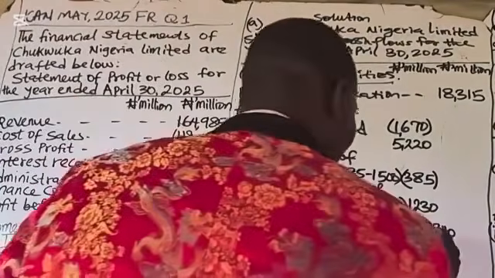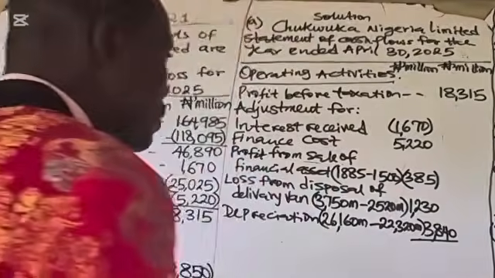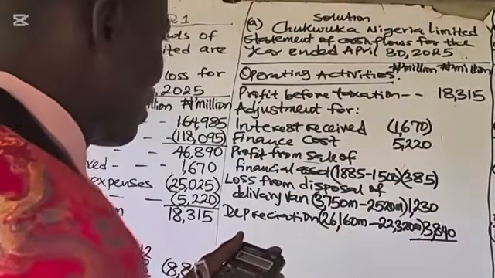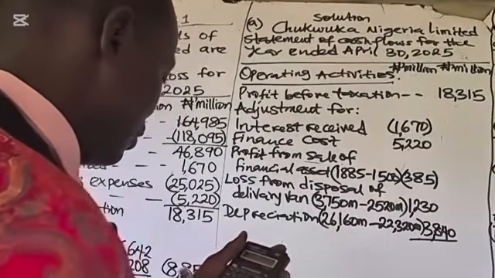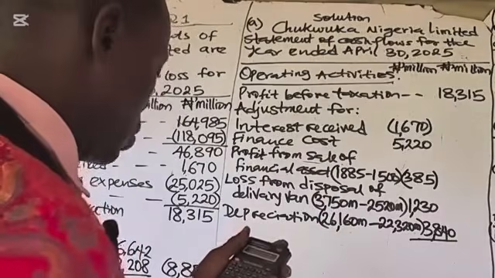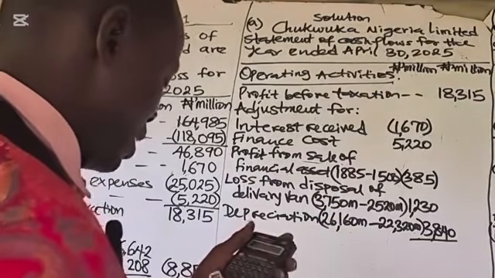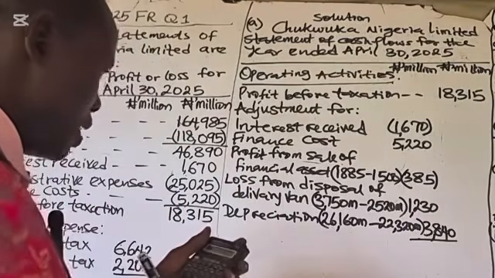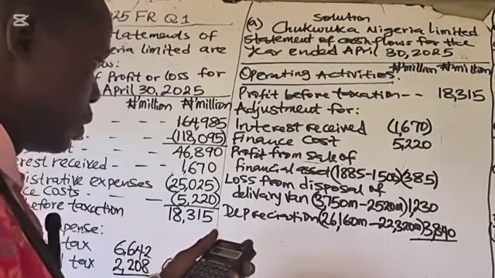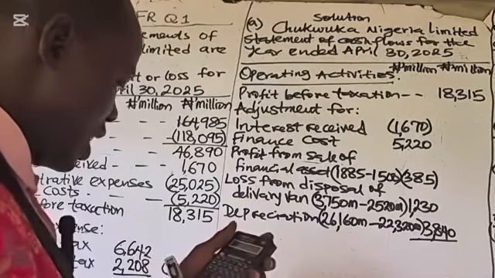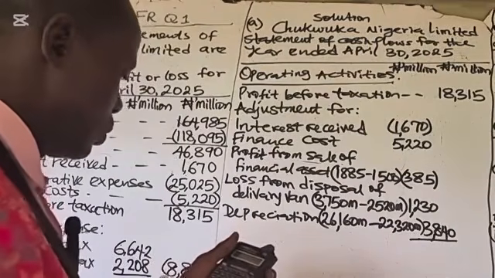Then after these adjustments, you may have negative 1,670, plus 5,220, minus 385, plus 1,230, plus 3,840.